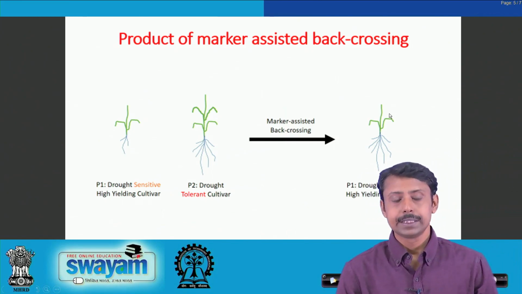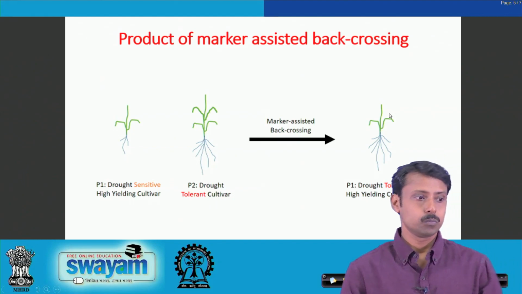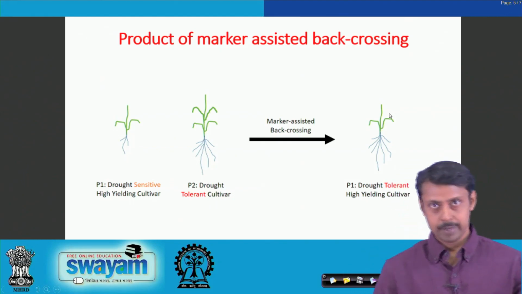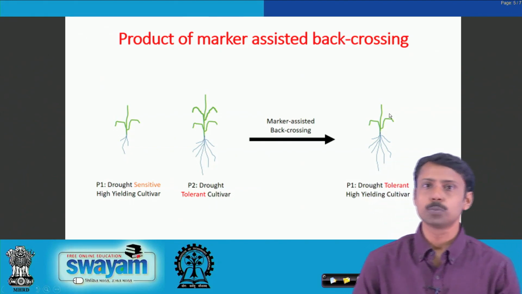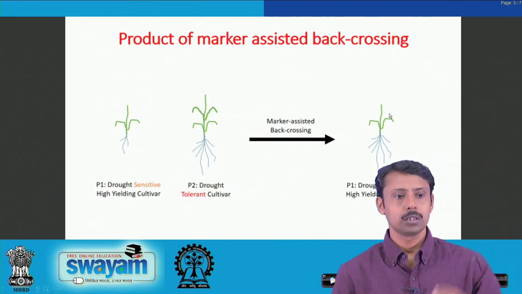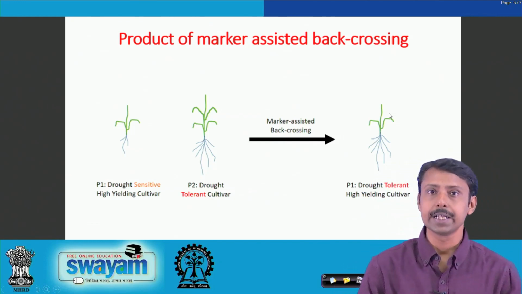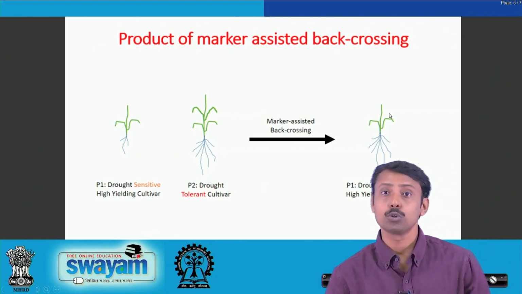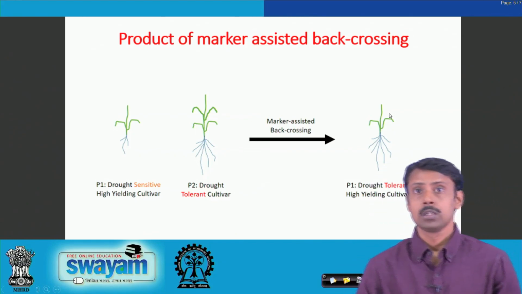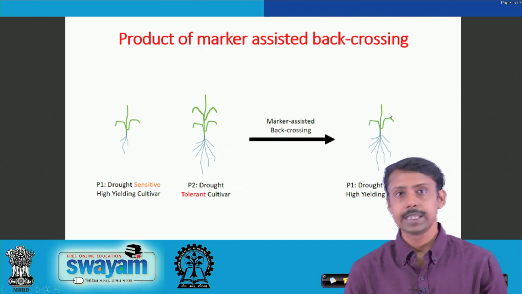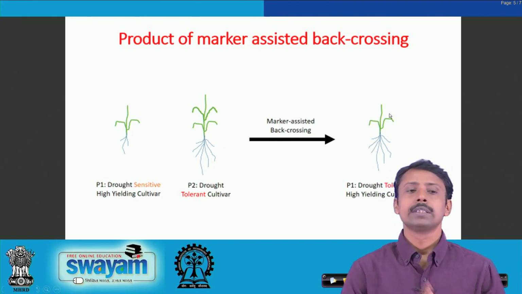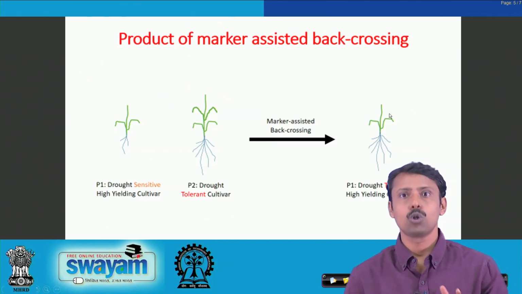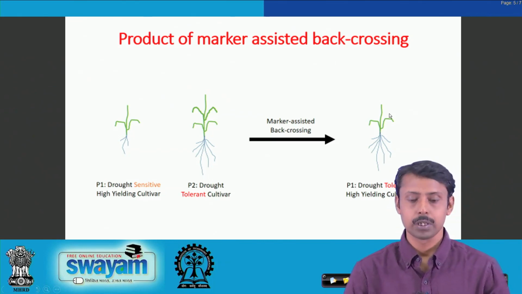In case of rice, earlier flooding was a huge problem, even nowadays flooding is a huge problem, and Swarna, which is a mega variety grown across India, almost in 80% of farms, there also a gene has been introgressed by backcrossing, and Swarna Sub1 has been developed.